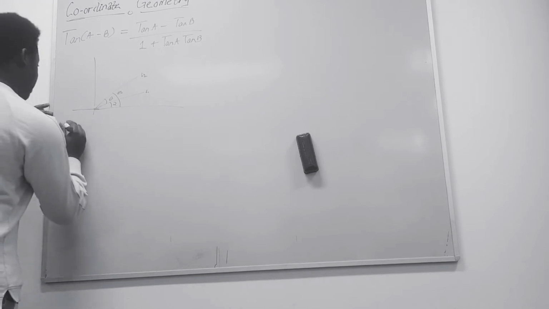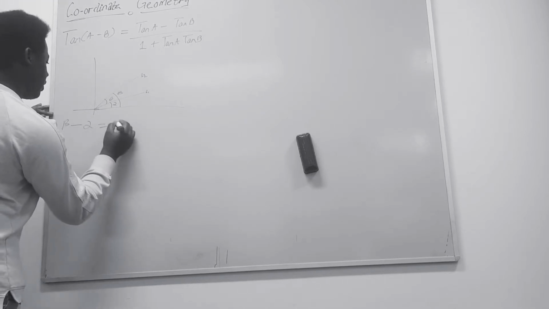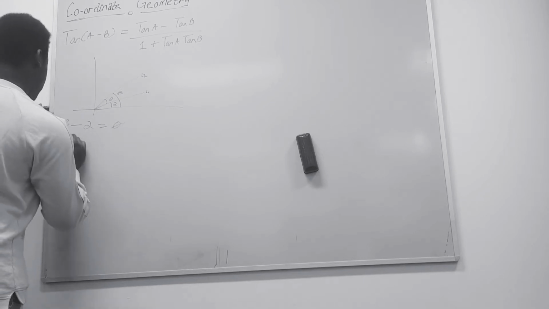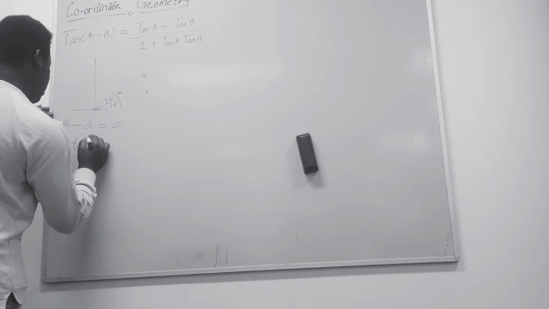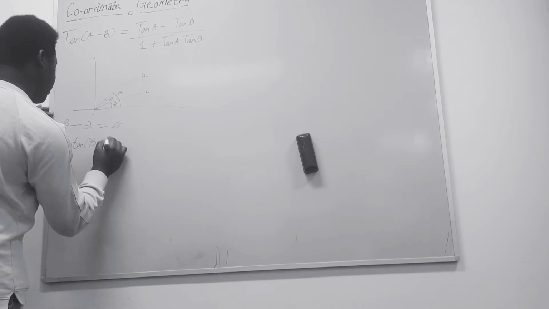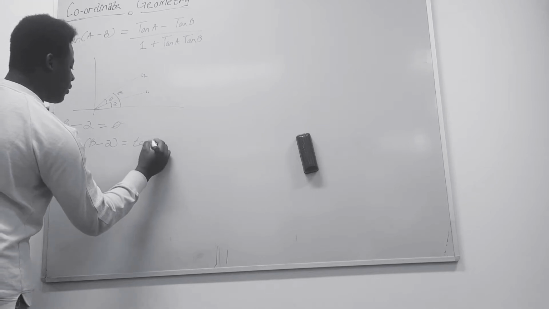Then we said that beta minus alpha logically is equal to phi. Therefore, tan of beta minus alpha is equal to tan of phi.